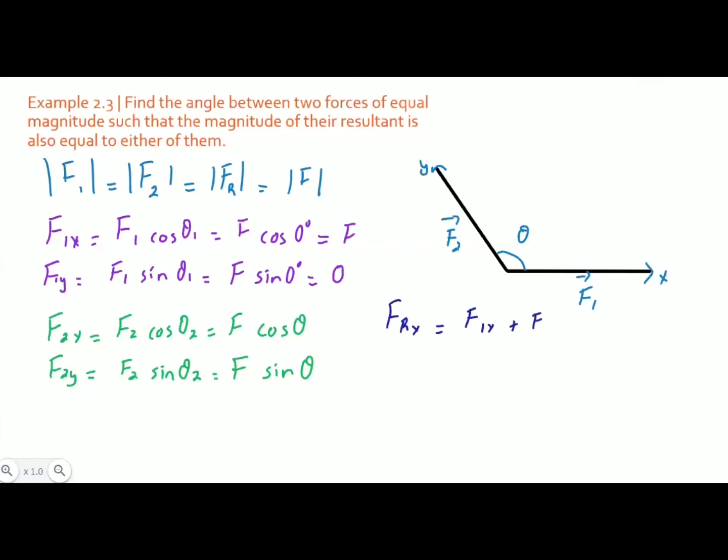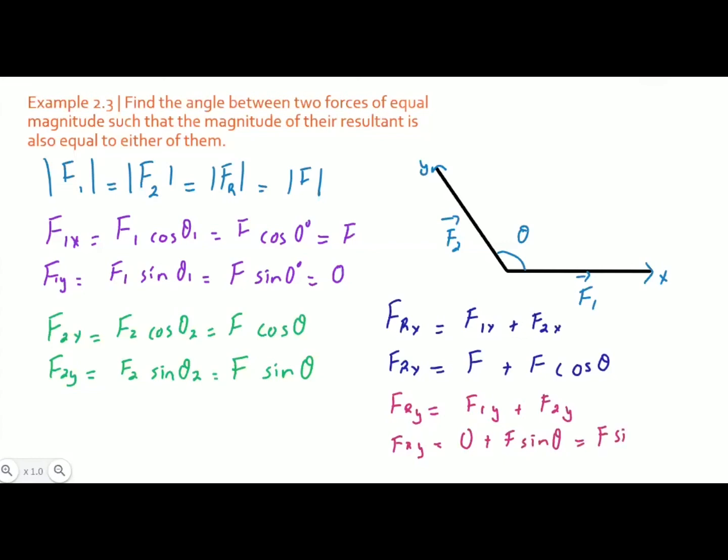And for the y components, Fry will be equal to F1y plus F2y, and F1y is 0, while F2y is F sine theta. So this will be equal to F sine theta.